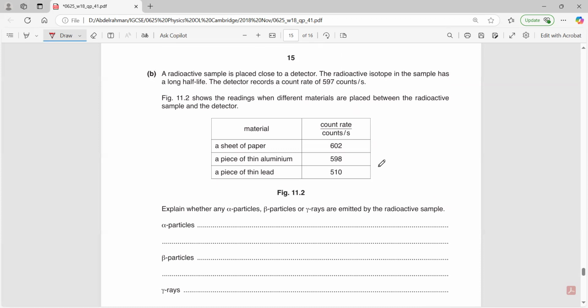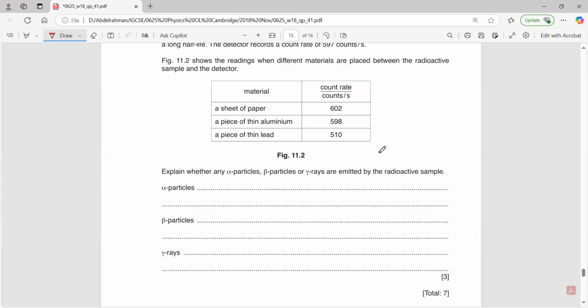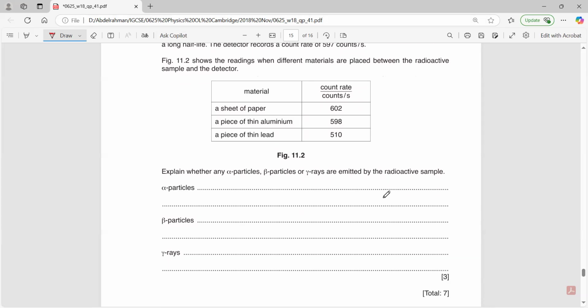First of all, do you have any alpha particles? It was 597 and it became 602. So, do you have any alpha particles? No. If you had any alpha particles, the number should have decreased. It now increased. Is this a faulty reading? No, it's not a faulty reading. It's because of the background radiation.